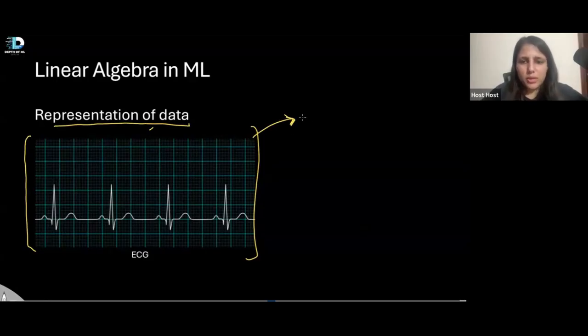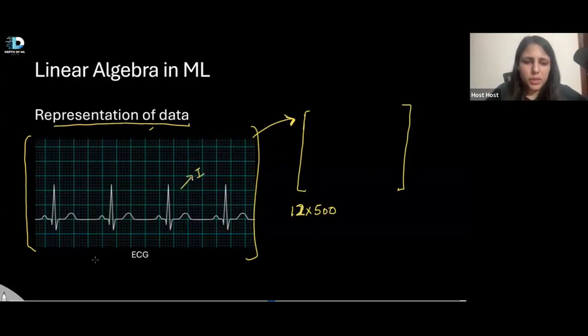This used to be a matrix, and this is where linear algebra is coming in. This matrix used to be 12 cross 5,000, because this is one lead and there used to be other leads as well.